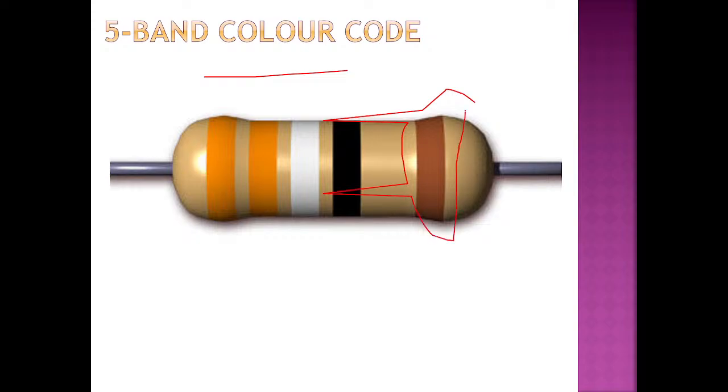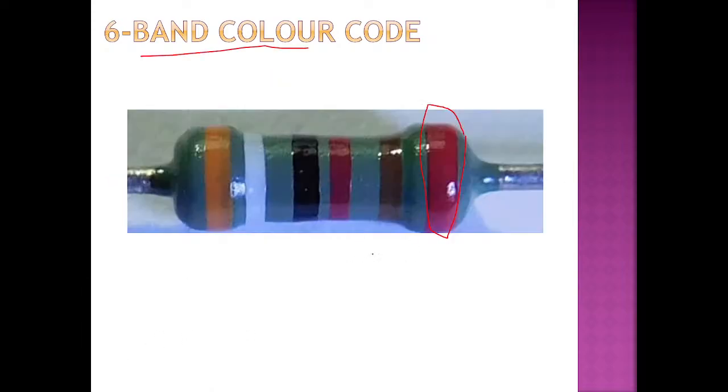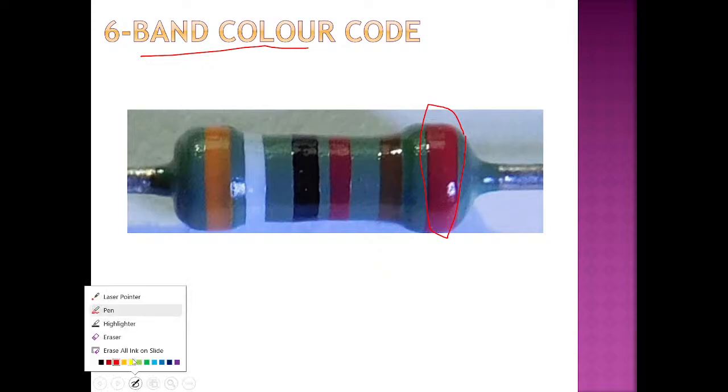So for five band or six band color coded resistors, the tolerance band may not be gold or silver.